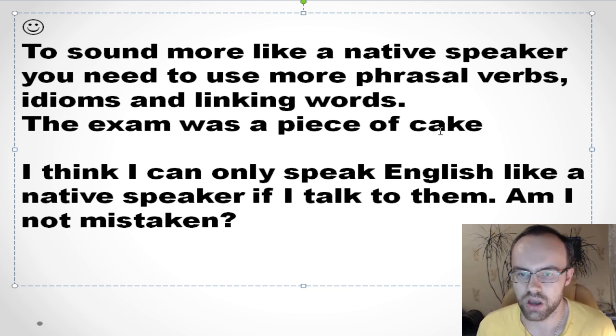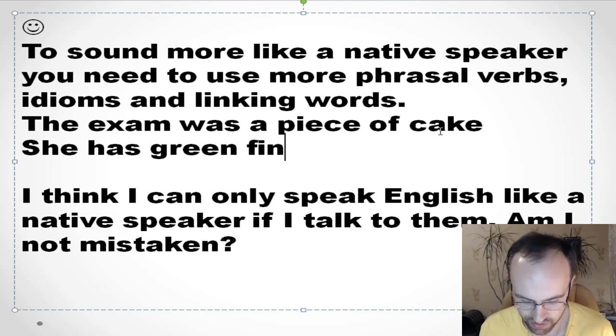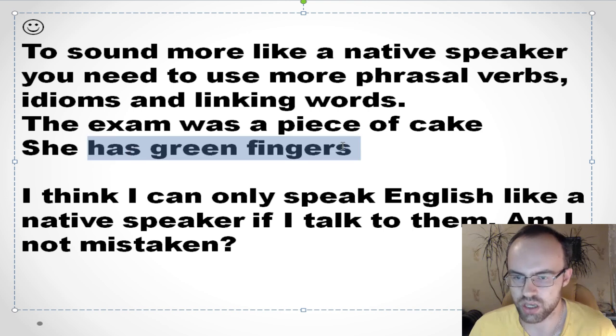I'll give you one more. For example, I can say that my grandmother has green fingers. If you hear this phrase, you immediately start thinking, okay, something is wrong with her fingers, but in fact it isn't.